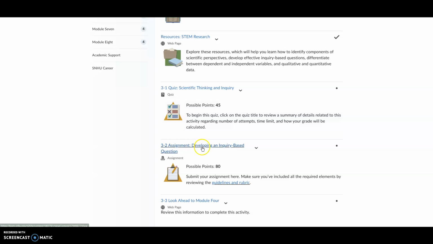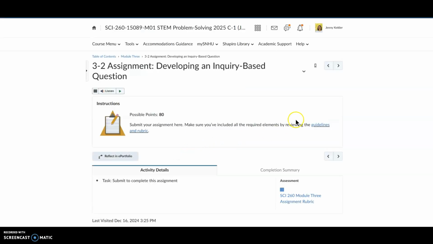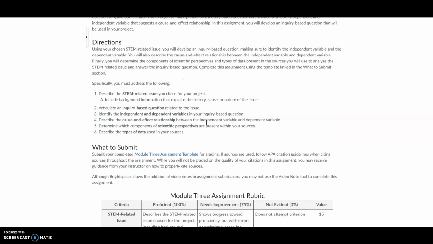So going into the assignment, we're going to go right here. Just like in the previous modules, you're using your issue. So you're going to describe your issue, include any background information.